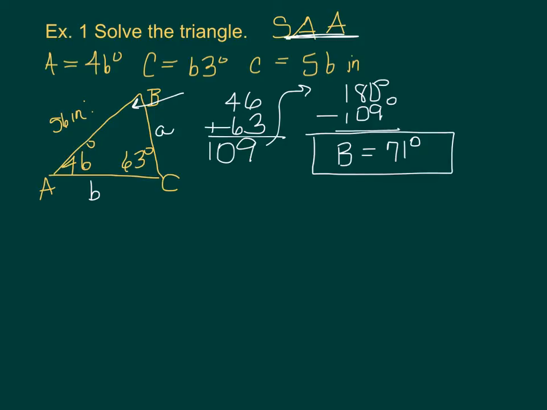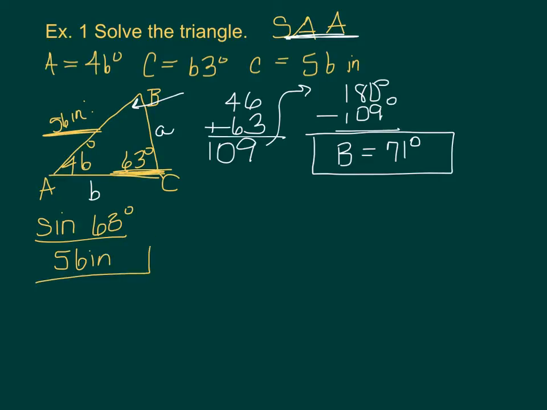Then I use my law of sines to help me find the other 2 sides. Now, it's very important that you use the side and the angle that was given. So I'm going to use sine 63 degrees over little c, because that's what's given.